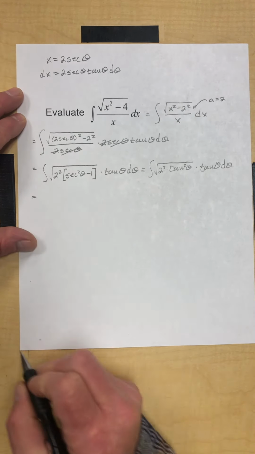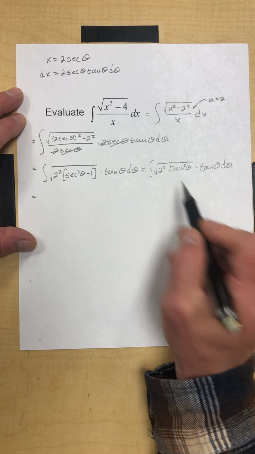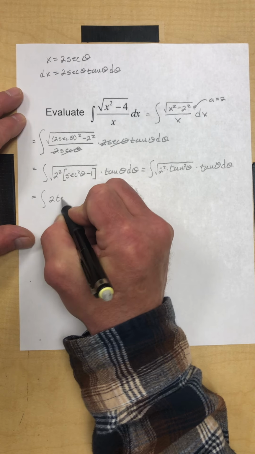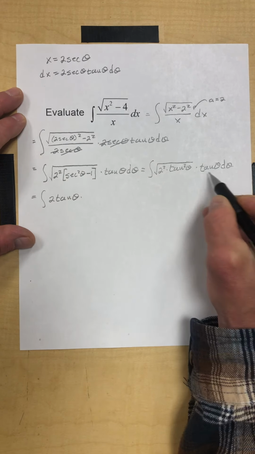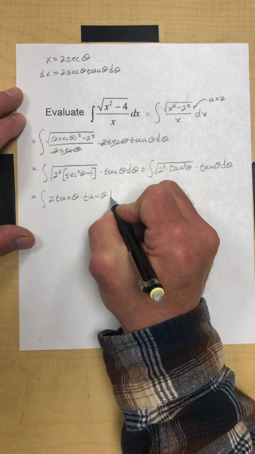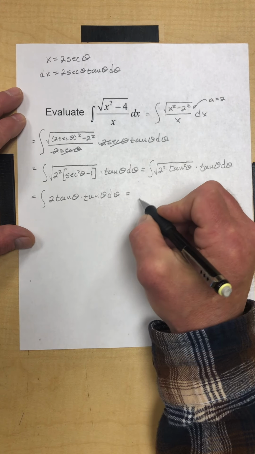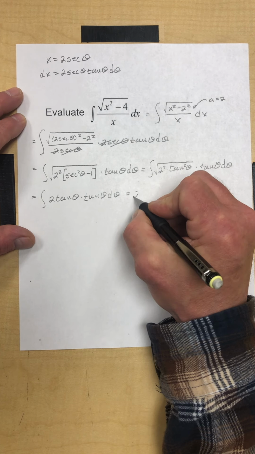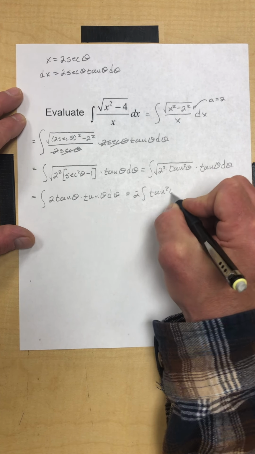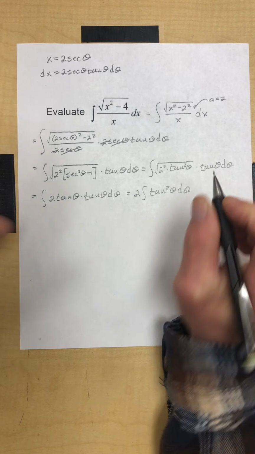This is a perfect square here. So I take the square root and I get 2 tangent of theta times this tangent of theta d theta. I got a constant multiplier of 2, so I'll pull that out front, and I'm left with tangent squared theta d theta.